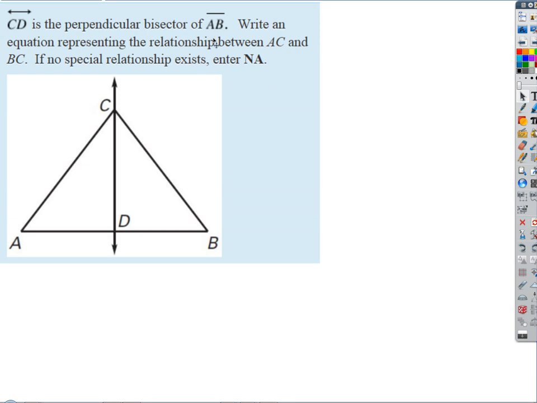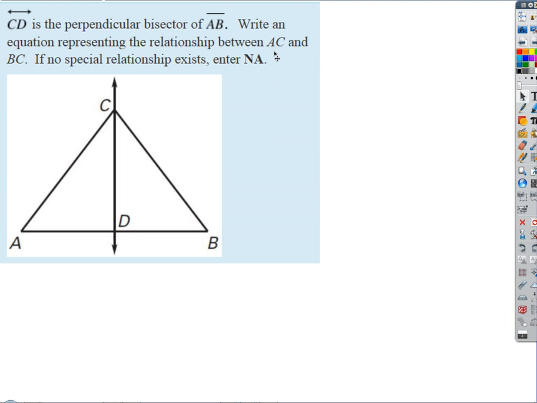Then we're supposed to write an equation representing the relationship between AC and BC. What does AC mean when there's no symbol over the top?